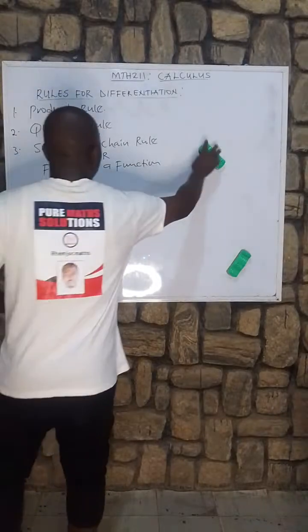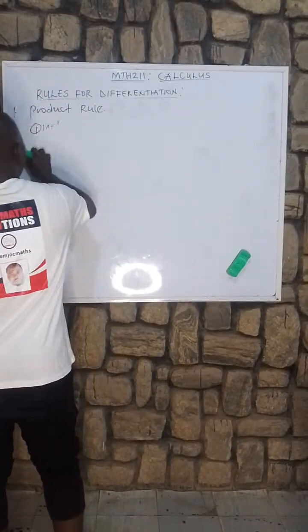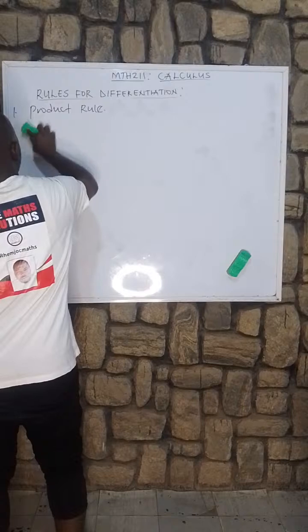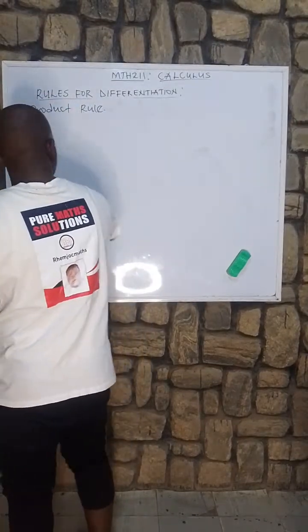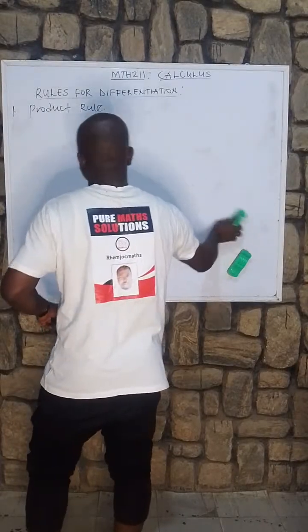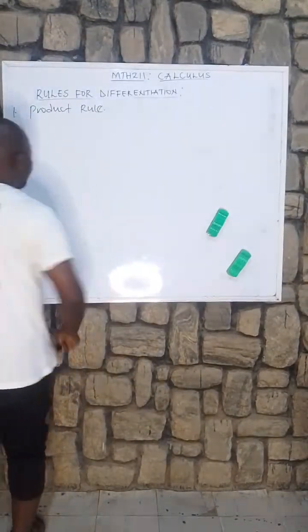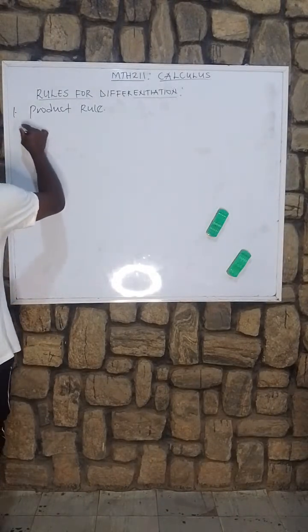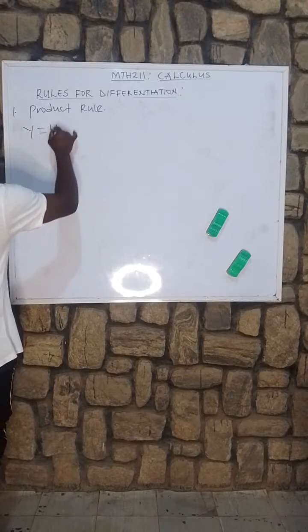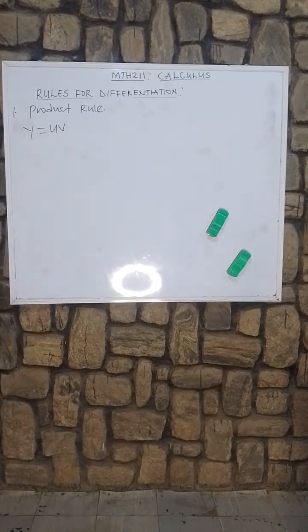Let's start with product rule. How to apply or use product rule and differentiate is simple as ABC, right? Product rule. The formula for product rule is the function is always in this form, uv.